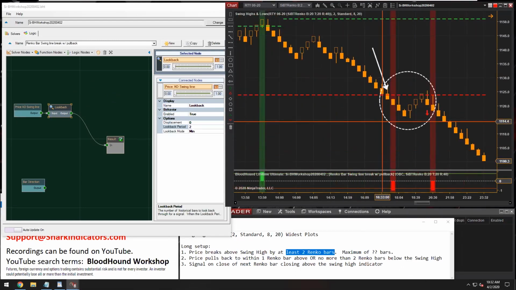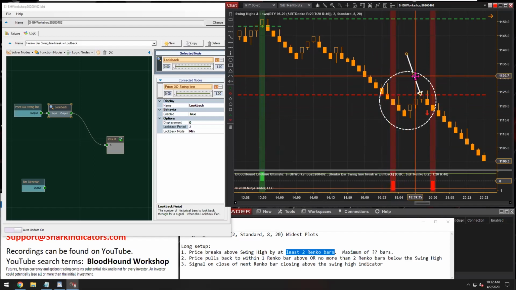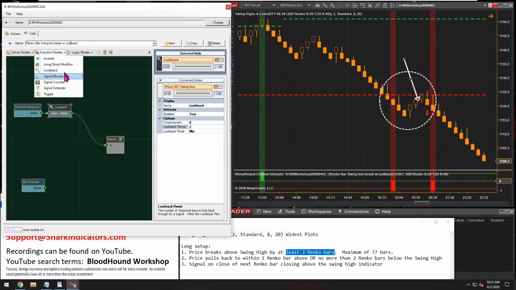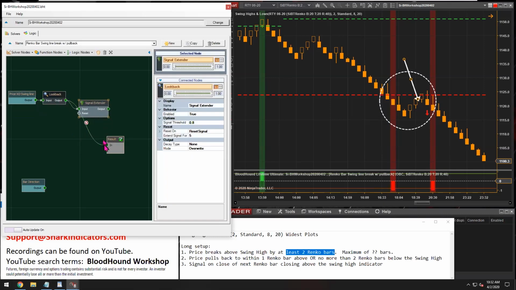And so now we need to extend this signal forward a few bars to wait for that pullback. So I'll use a signal extender, plop it in there.